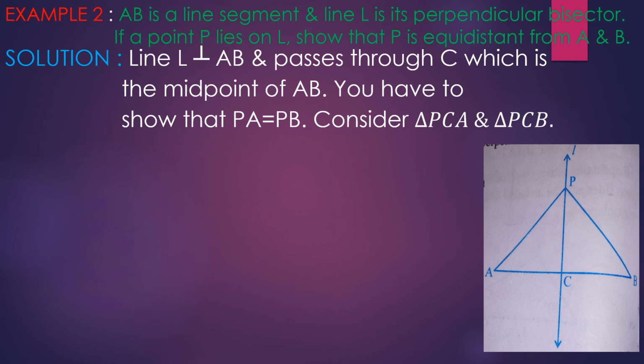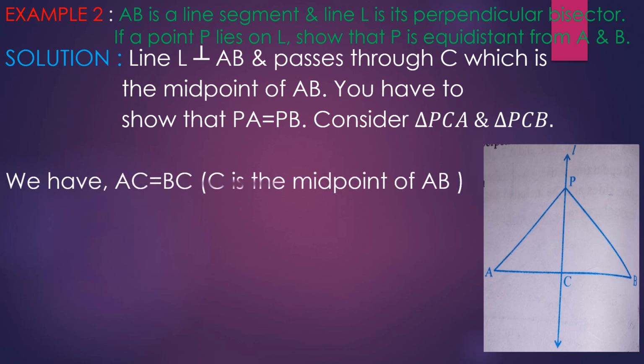As you can see, if you cut this line, we get two triangles, triangle PCA and triangle PCB. C is the midpoint of AB, so from this we get AC and BC equal to each other. So we can write AC is equal to BC.